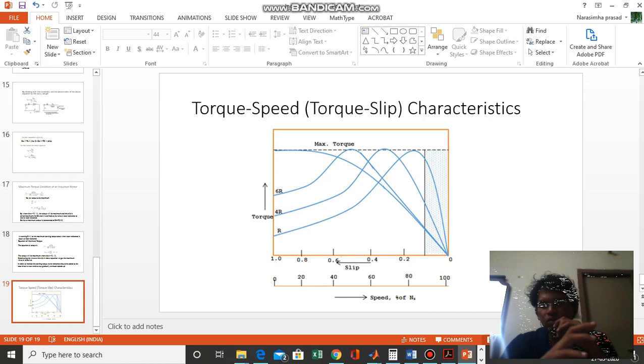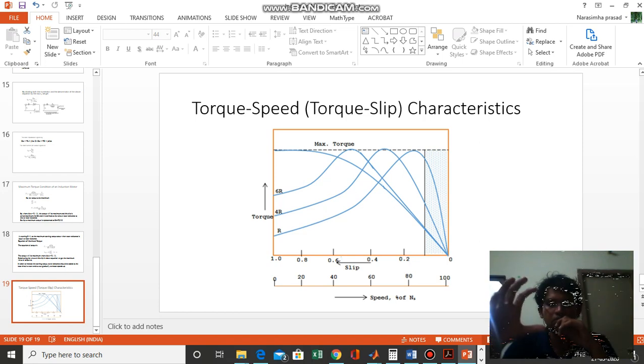Take a no-load rotor: we can rotate it with little or no effort. If it is tightly loaded, we need more effort, that is, more torque. So if the load is very high, we require more starting torque to rotate that load.